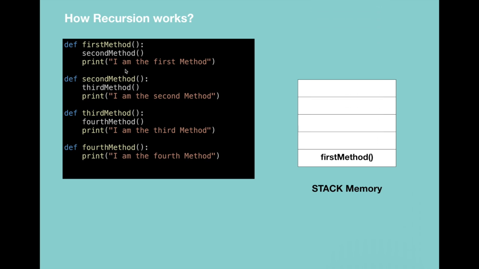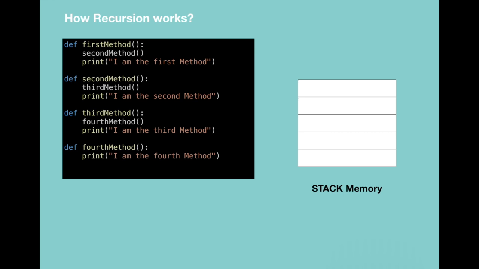Now the system one more time refers to the stack memory and calls the first method and executes the print statement inside the first method, and with this the execution of the first method is complete. So the first method will be popped out from the stack memory. So with this, all execution is complete. Now it should be clear how method execution is managed in stack memory.